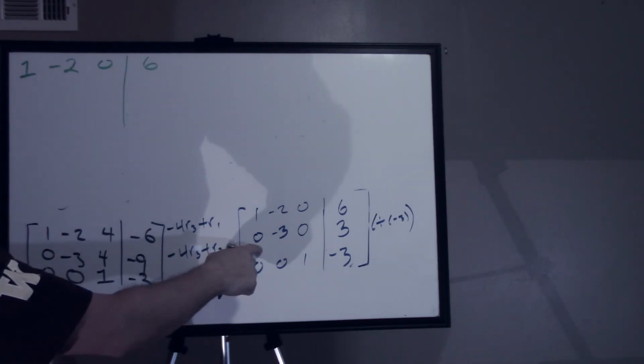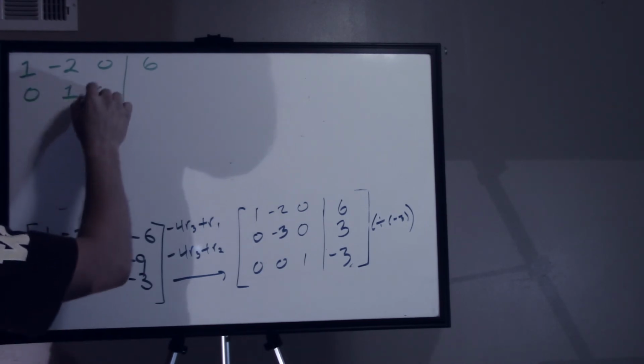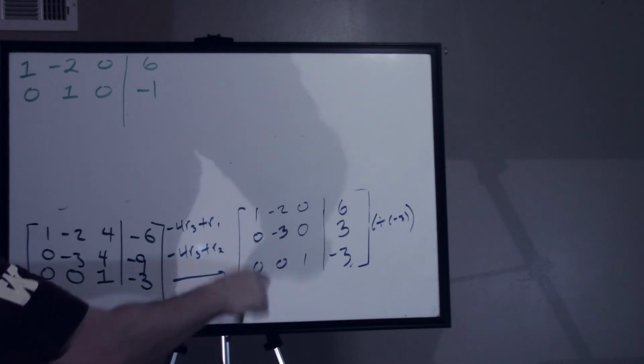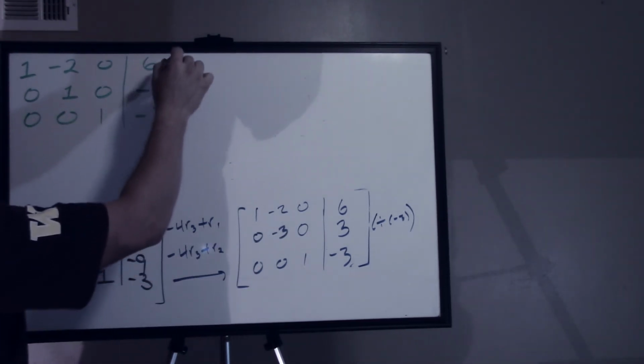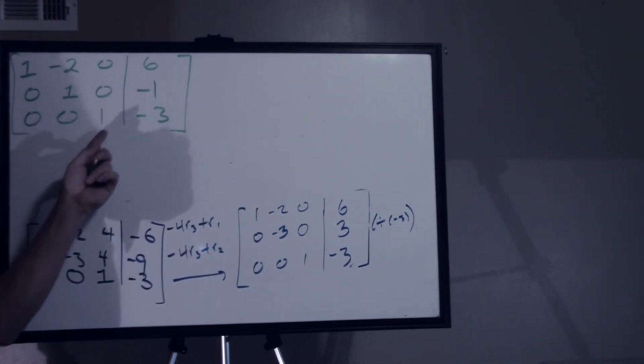Here I'm dividing by -3, so I get 0, 1, 0, -1. And here 0, 0, 1, -3. We can see we already have y and z. Y is -1, z is -3.